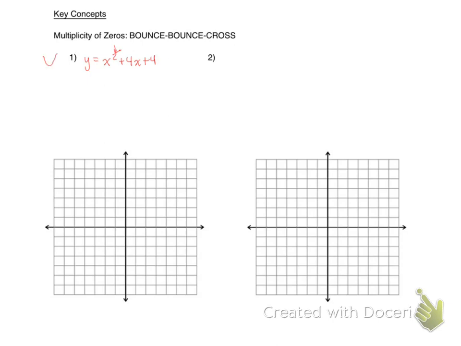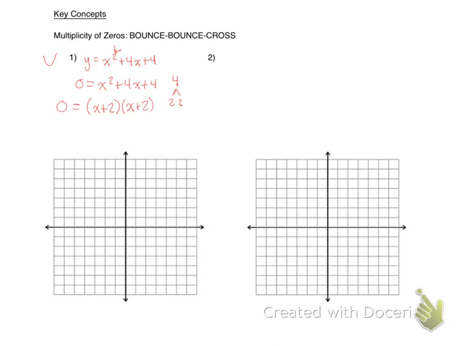We can actually graph this based on where the zeros are. If we set this function equal to 0 and then factor, what two numbers multiply to give you 4 but add to give you 4? Well, that's 2 and 2. So your factored form is (x + 2)(x + 2).